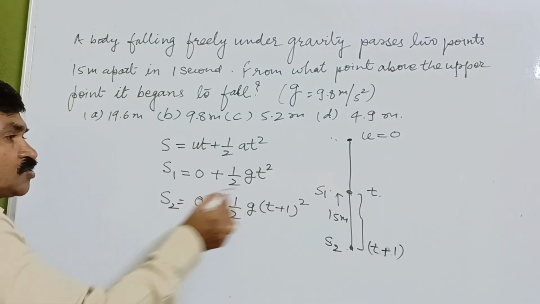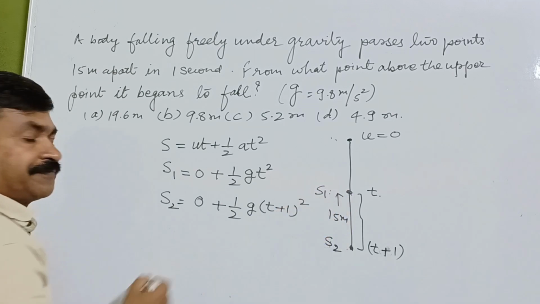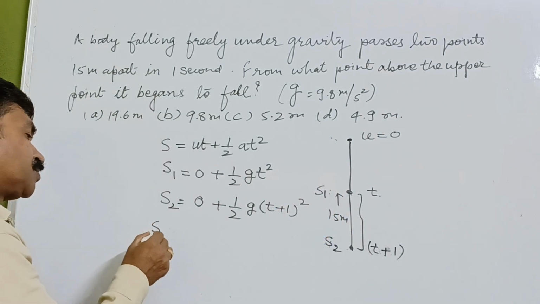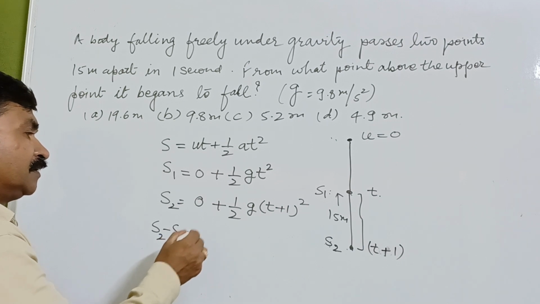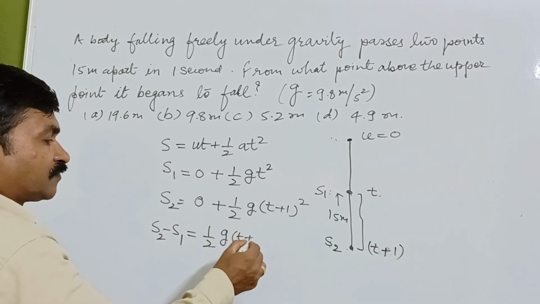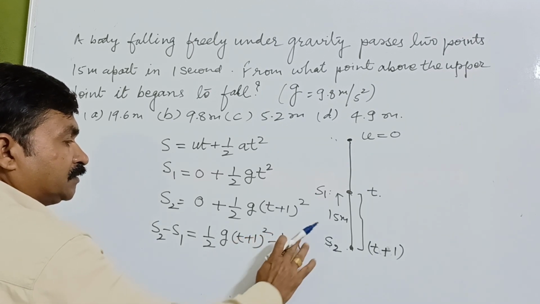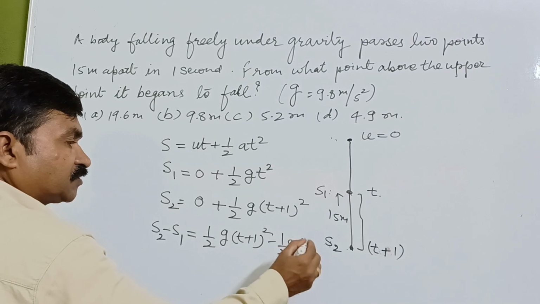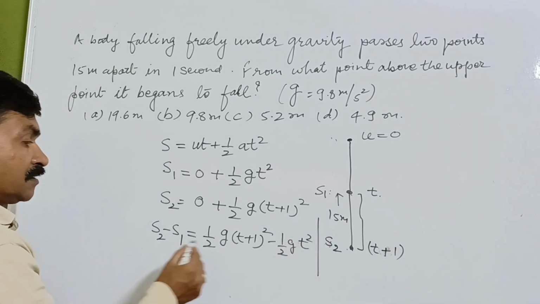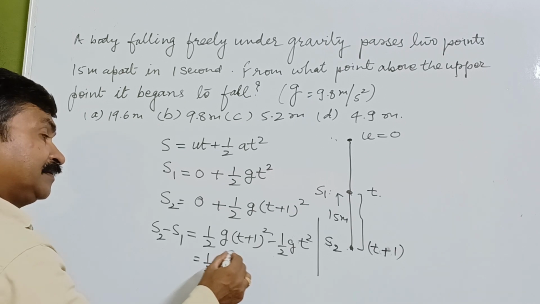Now we'll take S2 minus S1, which will give the 15 meter. So S2 minus S1 is equal to 1 upon 2 g (t plus 1) square minus 1 upon 2 g t square. Now you will see here 1 upon 2 g is common.